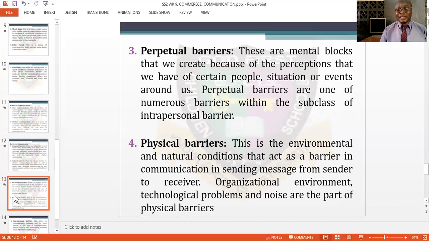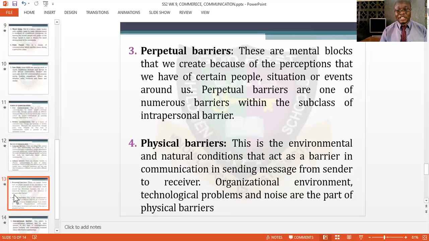So that is, let us look at perceptual barriers. These are mental blocks that we create because of the perspective that we have of certain people. Yes, perceptual, because of the hatred that we have for some people around us, that may not even bring effective communication between the two parties. Perceptual barriers are one of the numerous barriers, a subclass of the intrapersonal barrier.